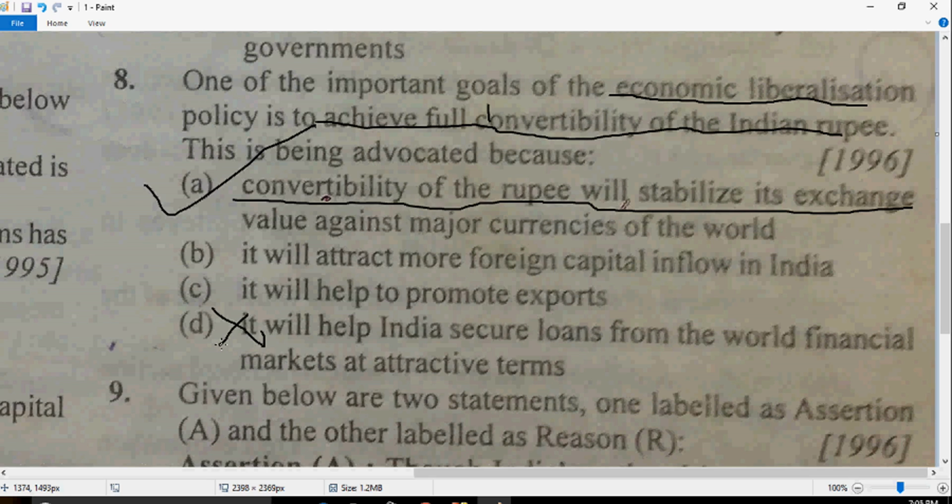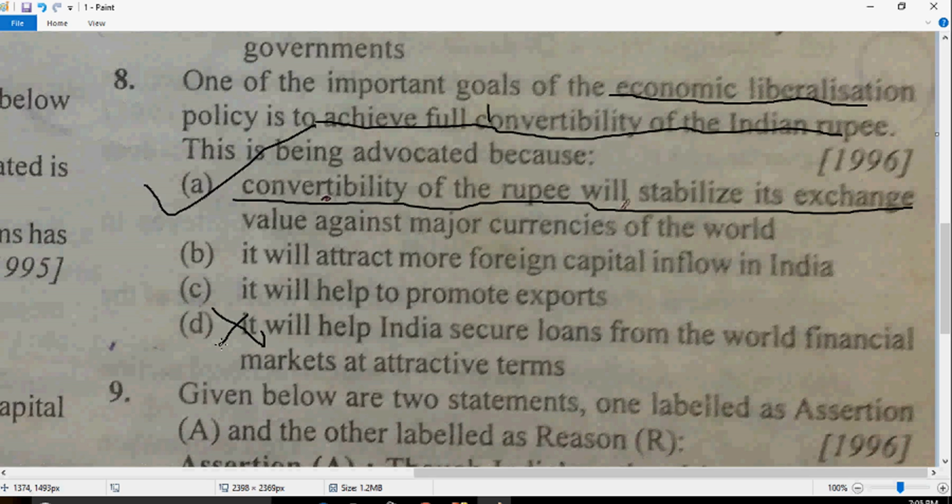Because full convertibility of the Indian currency means the rupee is freely exchangeable into other international currencies, and vice versa, which means international investors can buy or sell Indian assets at will.